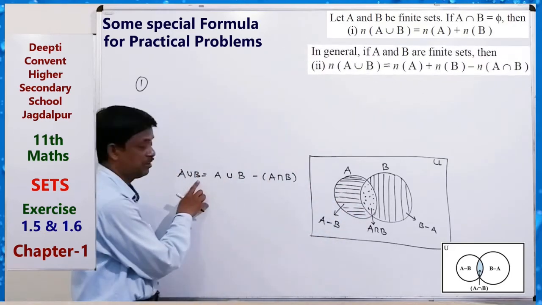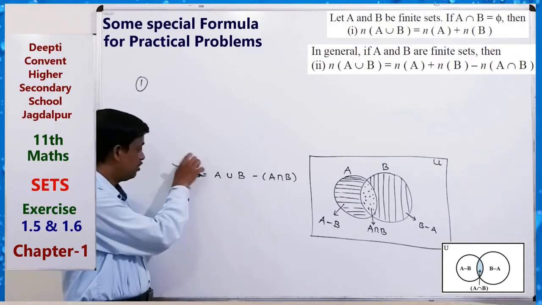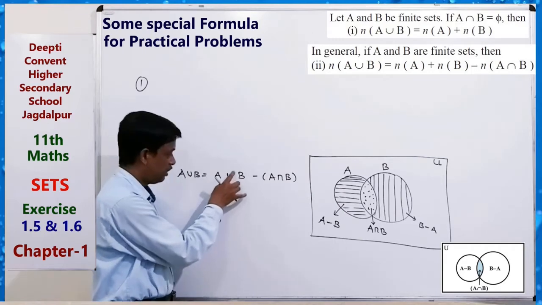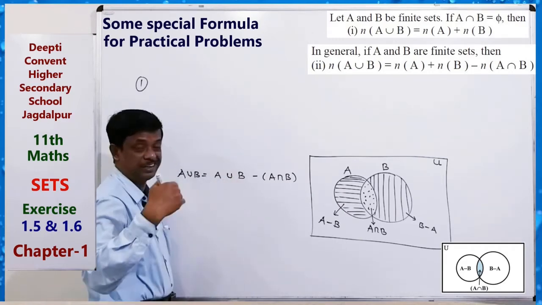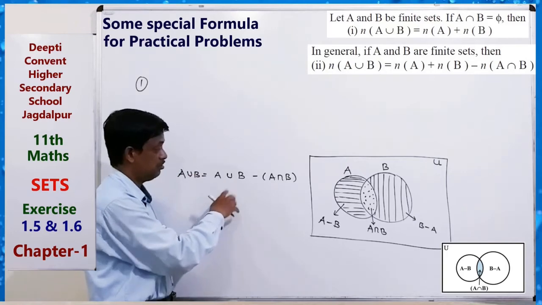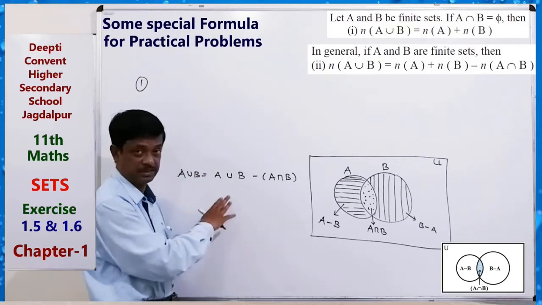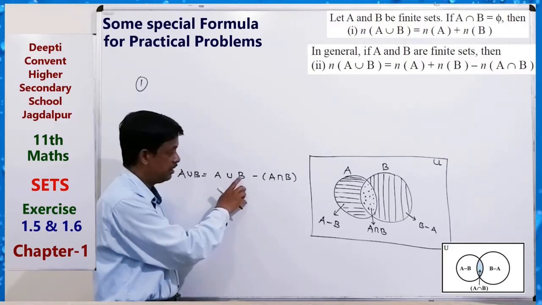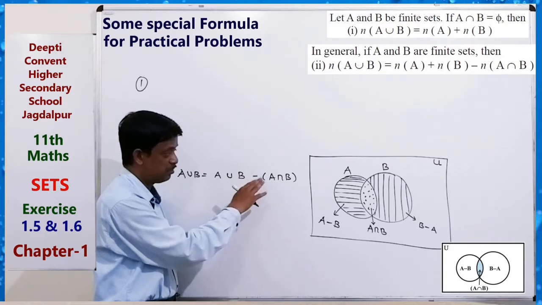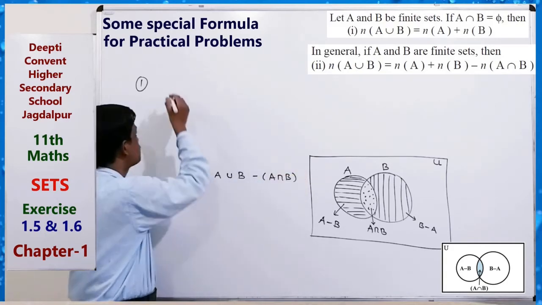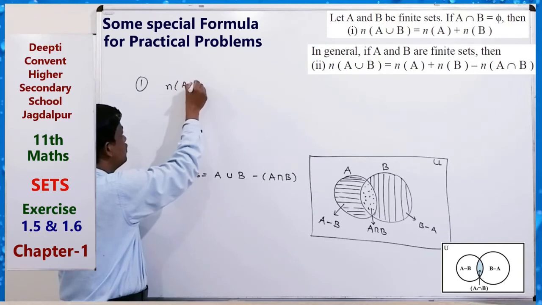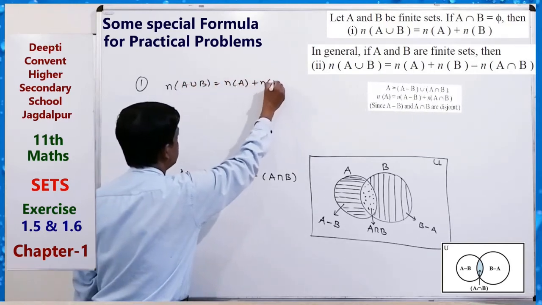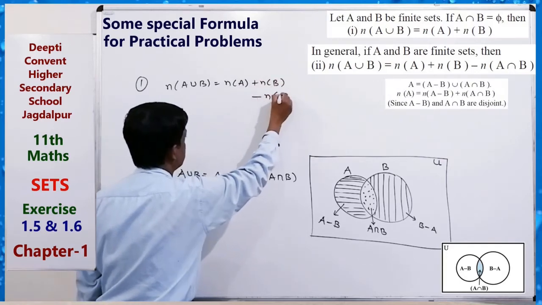So from here we can get a formula: the number of elements in this equals the number of elements in this, plus, whenever we take the number of elements, the union gives us a plus sign. Okay. And the number of elements in B minus the number of elements in A intersection B. So the first formula is n(A union B) equals n(A) plus n(B) minus n(A intersection B).